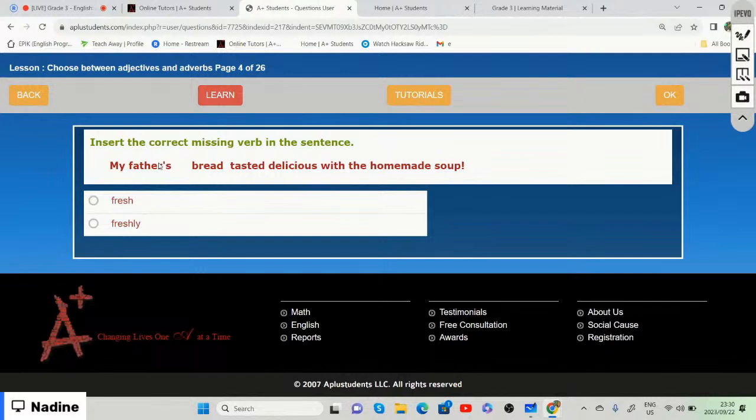My father's, we need to choose the missing word. My father's, is it fresh bread or freshly bread, tasted delicious with the homemade soup?